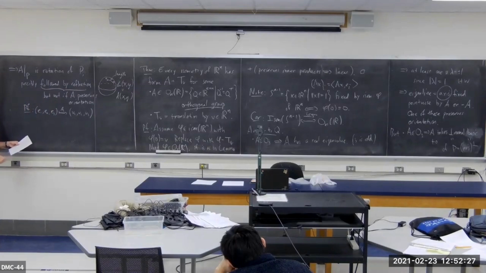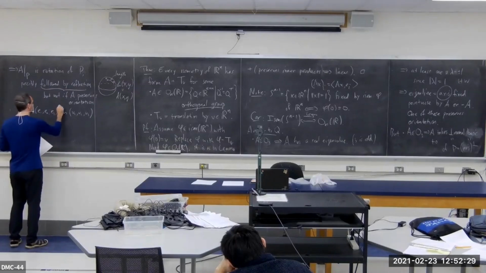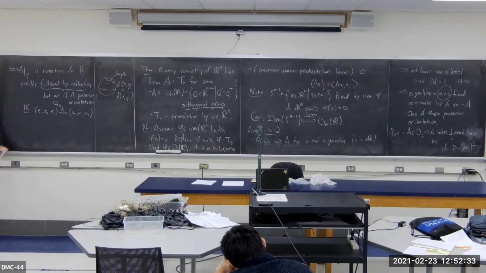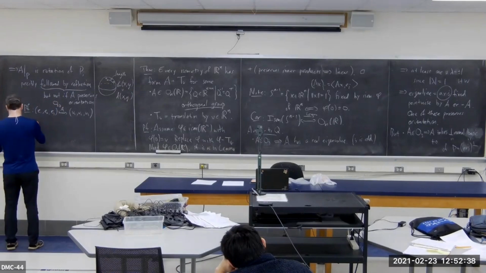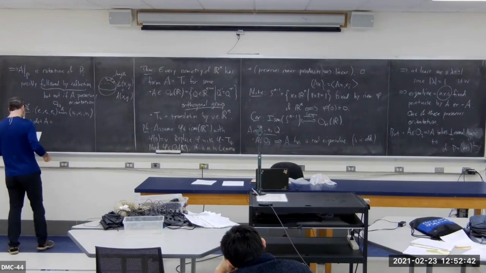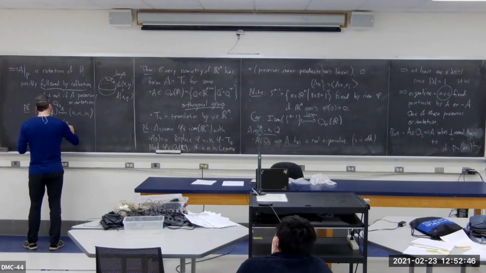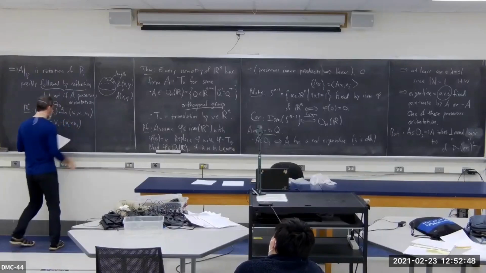Okay? So A is supposed to be an orthogonal matrix, size 3. So what can you tell me about the determinant of A? The determinant of A is V1 dotted with V2 cross V3.